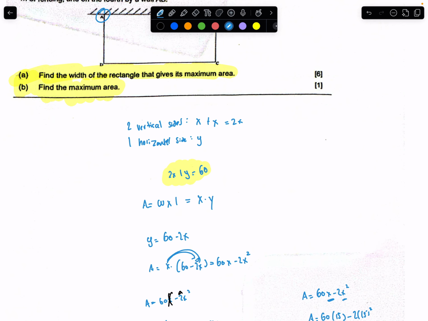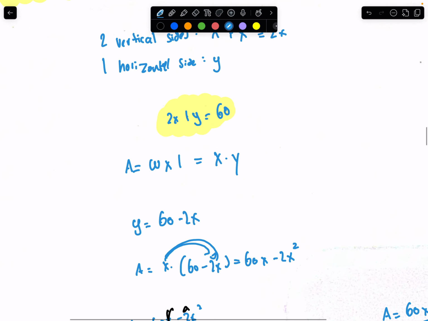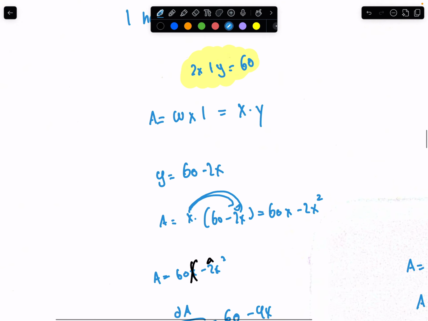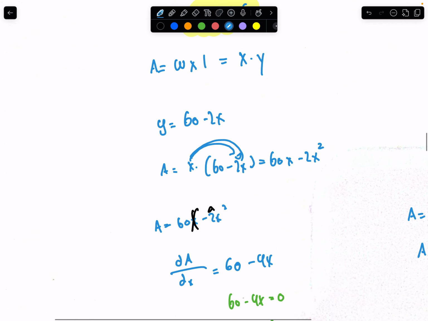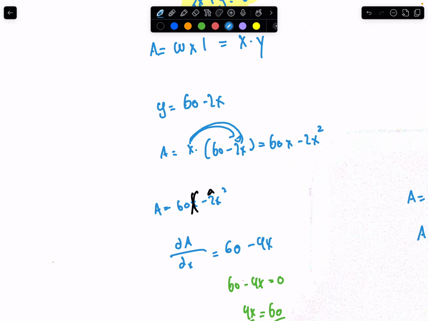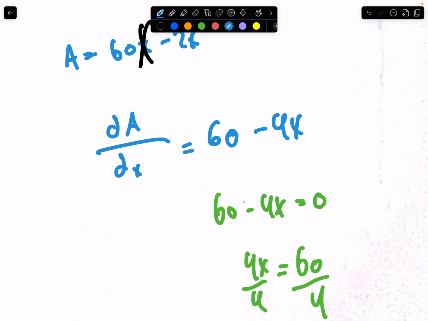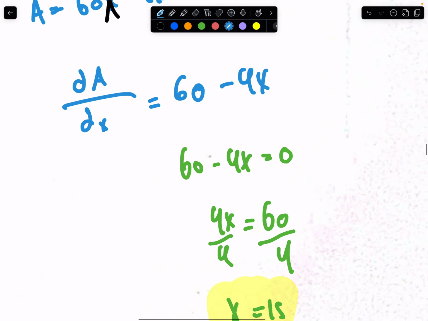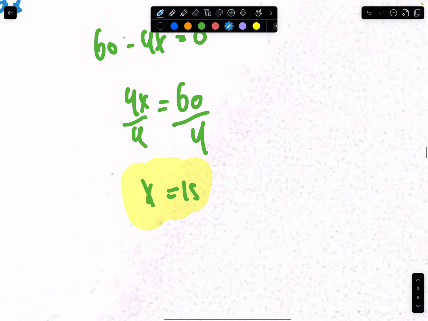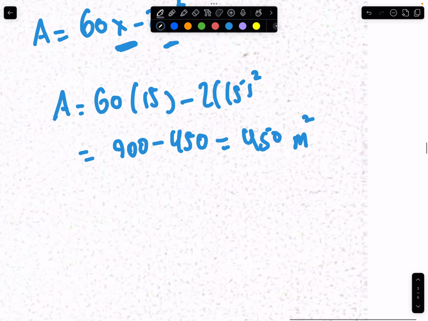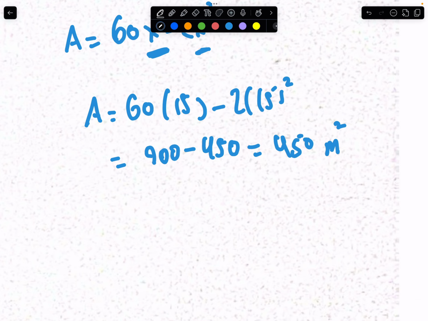We used 2x plus y to limit the possible values for the sides, and we wrote A is equal to x times (60 minus 2x) to express area with one variable, and we differentiated to get 60 minus 4x to find when the area is at its maximum, and we solved and made it equal to 0 to find the width of the maximum area, and plugged what we got into the formula, and we got 450, which is the actual maximum area, and that should be our answer.